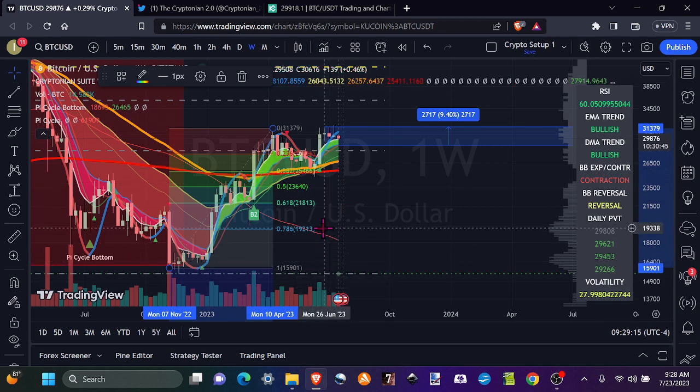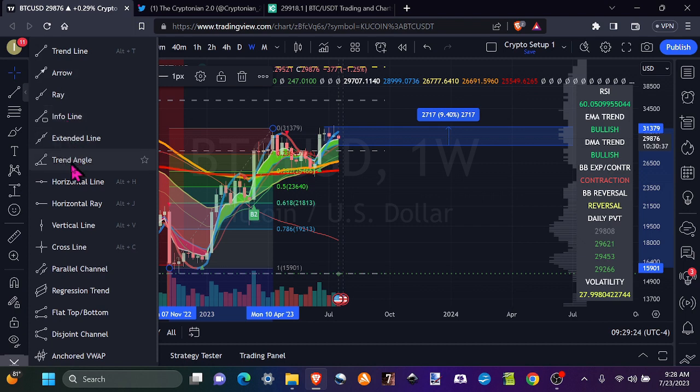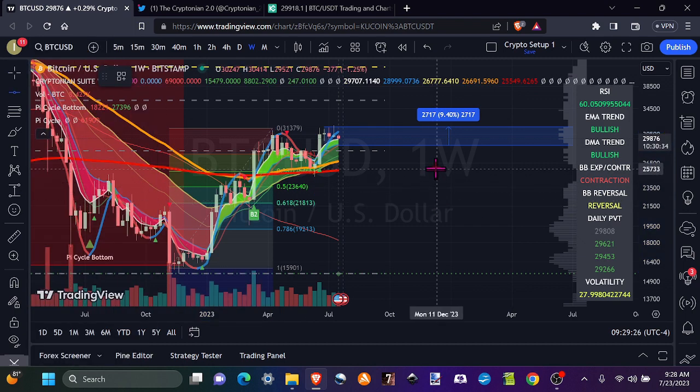The fib range from the bottom to where we are now. And what I would do is mark off lines at where each and every fib is, right?